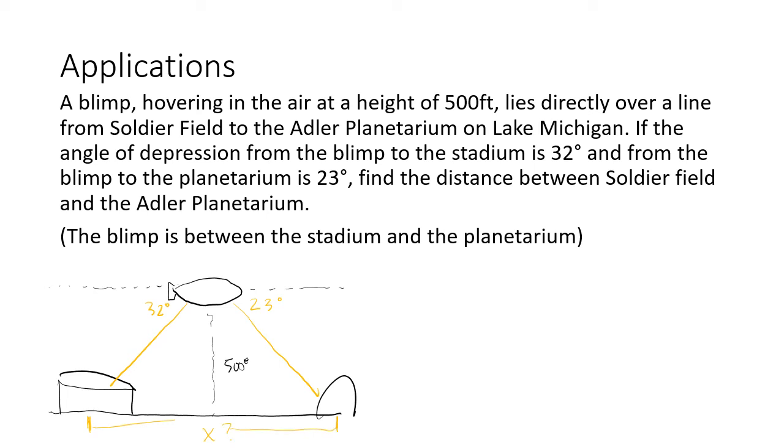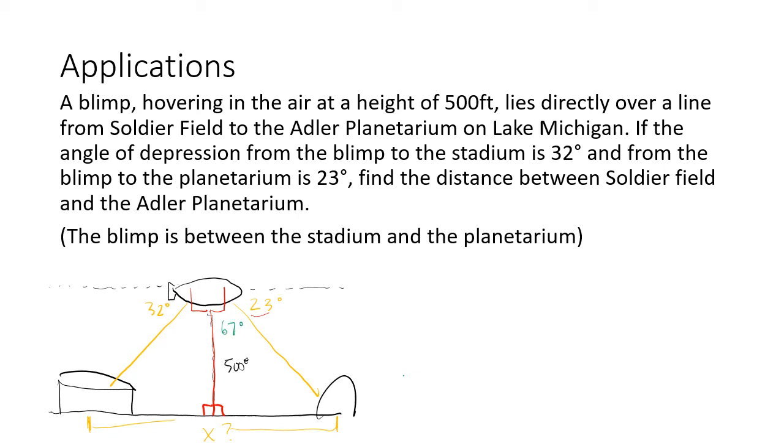And so we can do this. This is just like the previous problems, and you have options for how to do this. What I might recommend for this problem, though it's absolutely not necessary, is to realize that you can have two right triangles here. If this is 23 degrees, then the complement to 23 degrees is 67 degrees.